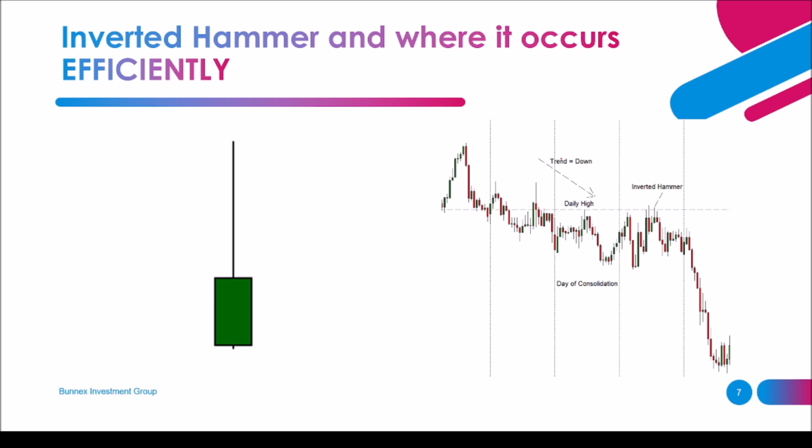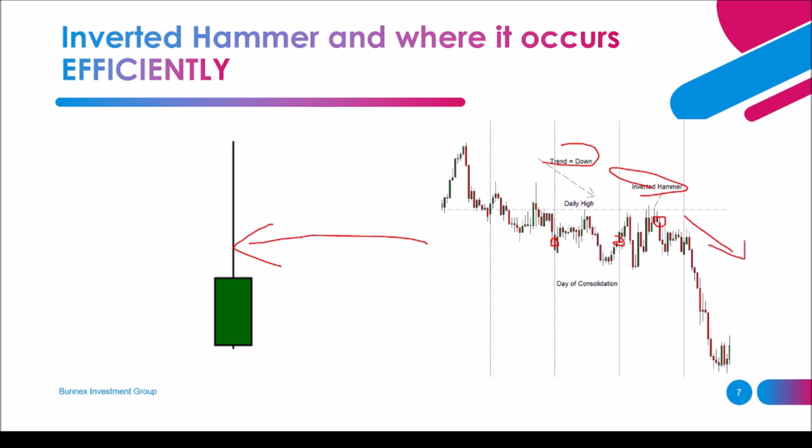Here we had a downward trend, and we had a day of consolidation, opening almost equal to closing, and if this happens within a market maker cycle, we expect to see a retest of yesterday's high, and at that point we need to see reject and continue. They came back to yesterday's high and they gave this particular candlestick at this point. An inverted hammer was issued and the market actually went our way.